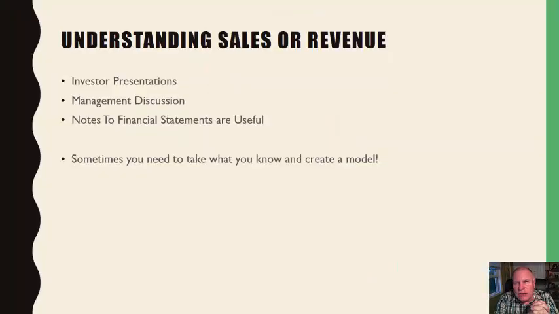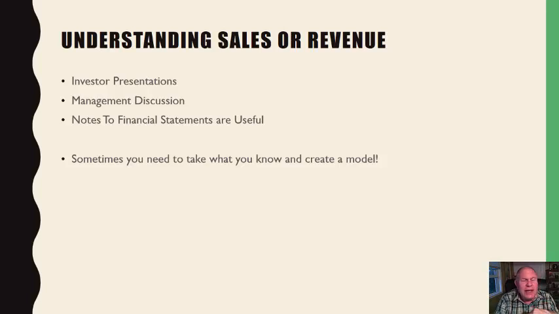Understanding the sales or revenue is the most important part of financial statement analysis. And that ties us in to the working capital cycle. So hopefully you start to see how everything is tied together. So you're going to get some of the information you need, as I said, from investor presentations on the company's websites, management discussion, and notes to financial statements are useful.